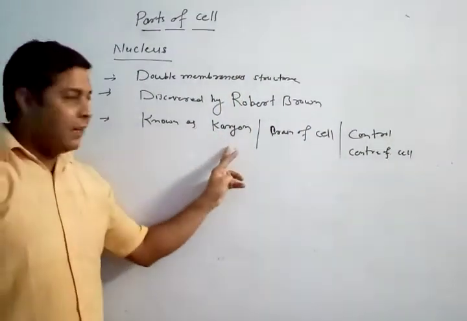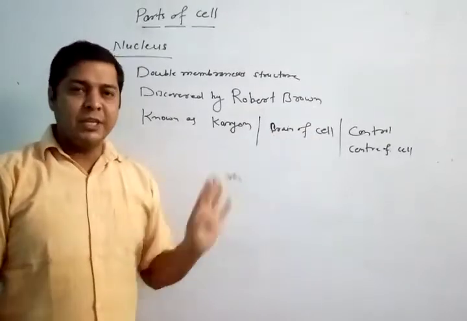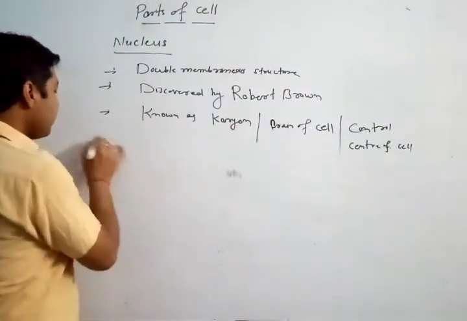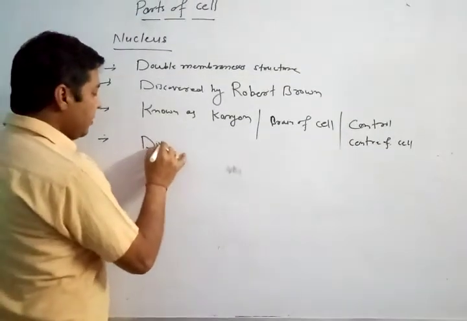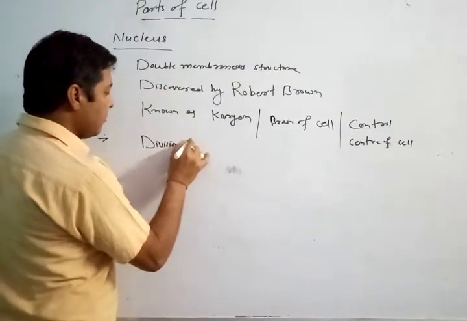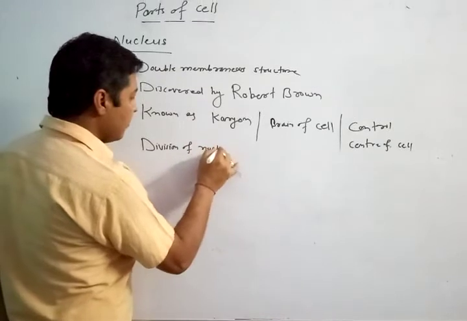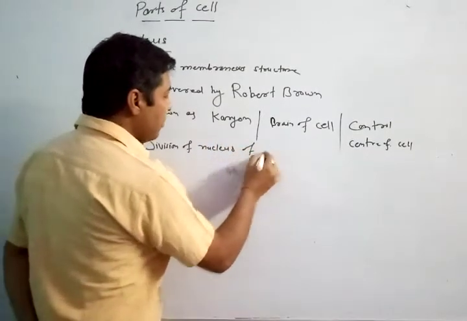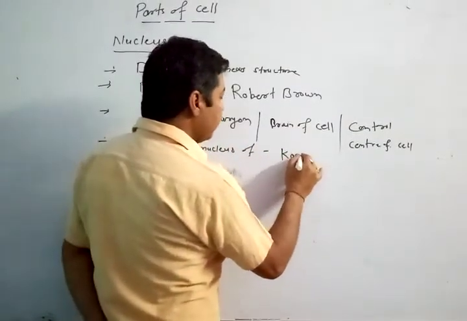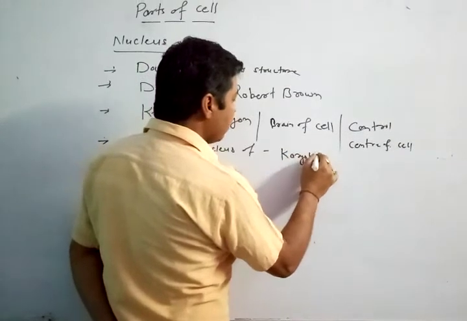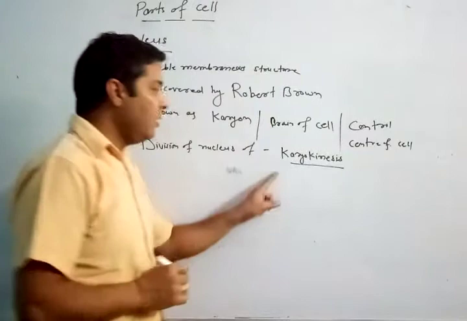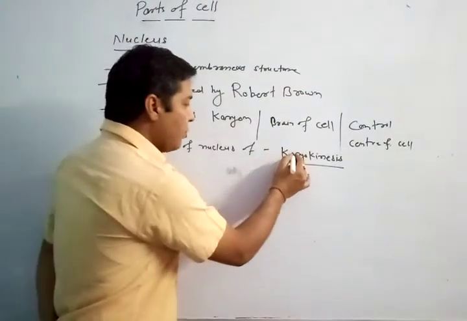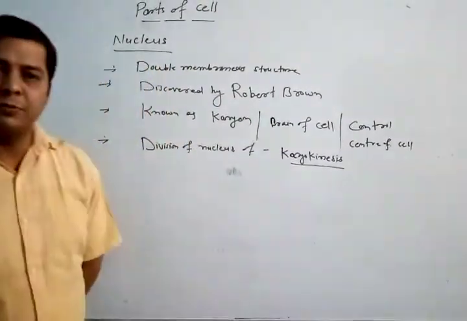From the word karyon, the division of the nucleus is called karyokinesis. It's very important: division of the nucleus is called karyokinesis, right?